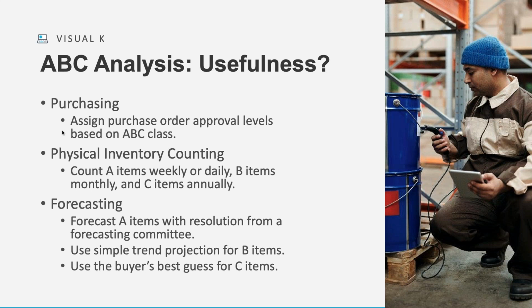Also for the physical inventory, right? The cycle counts and all of that. You can determine them based on those ABC classes. You might want to count your class A items on a weekly or a daily basis, the items in class B on a monthly basis, or class C, because they're so inexpensive, they are part of the lowest level of your inventory.